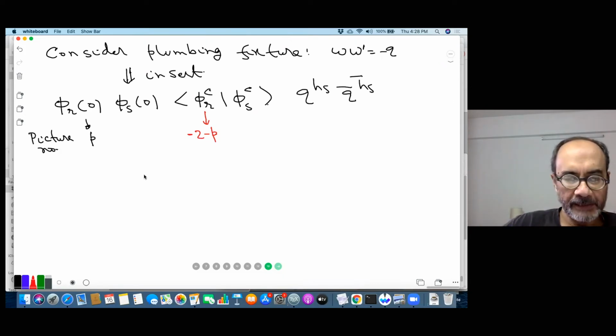Because this is a conjugate state, the sum of the two must be -2. Then we see that because this is an inner product, it's non-zero only if this one has picture number P, and if this one has picture number P, this one must have picture number -2 -P.